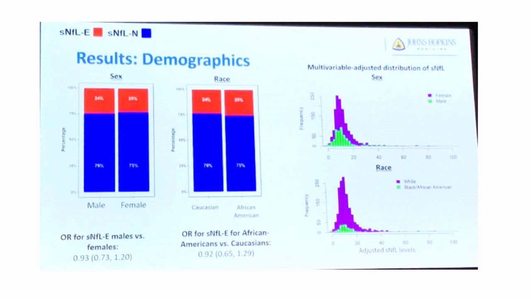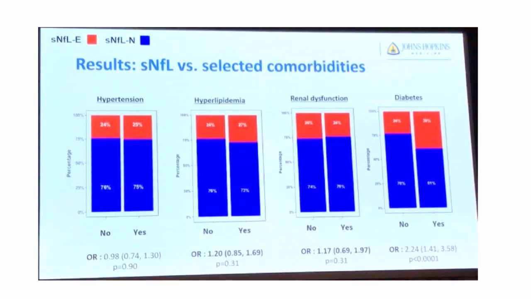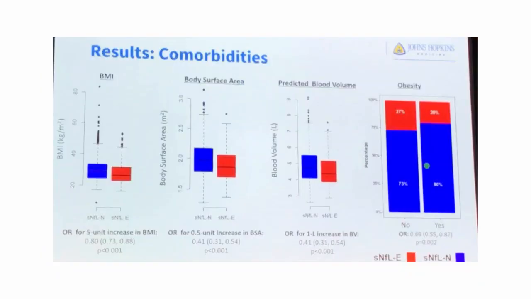But they found that in people who are diabetic, there seemed to be an association with higher serum neurofilament levels. And in those who were obese, if you had less fat on you, you tended to have more axonal breakdown. So I think some of us have to look at this in a little more detail.